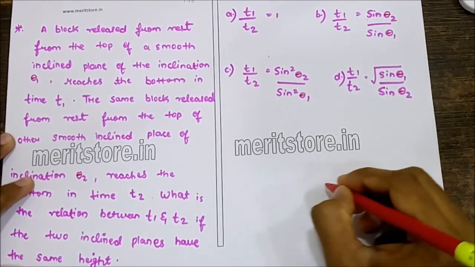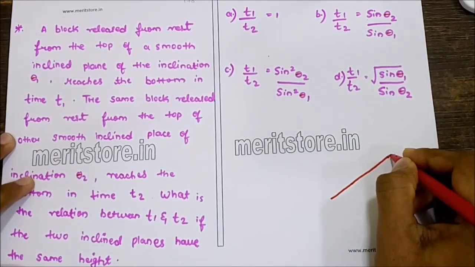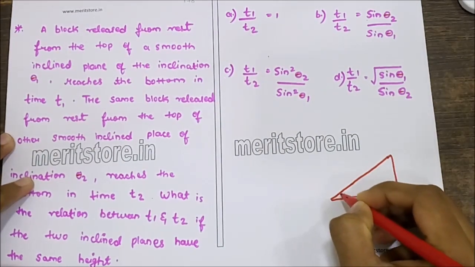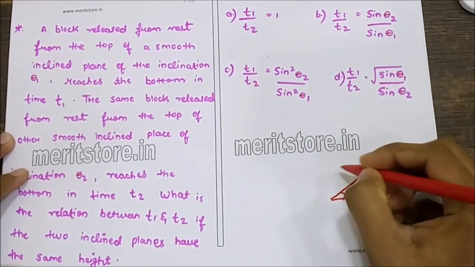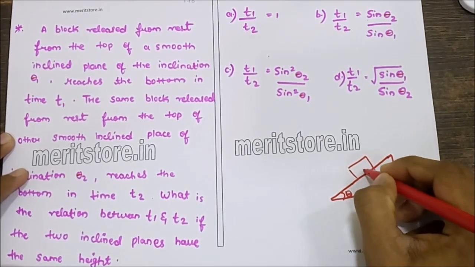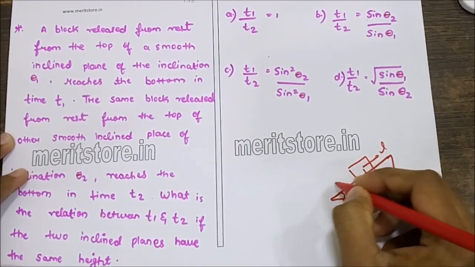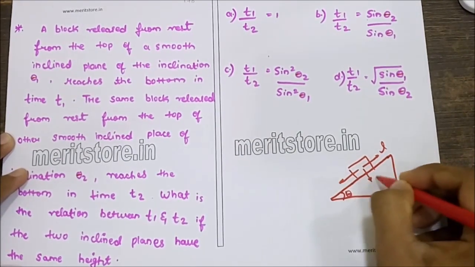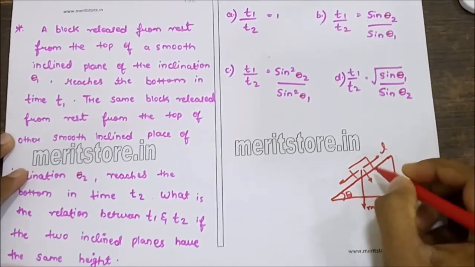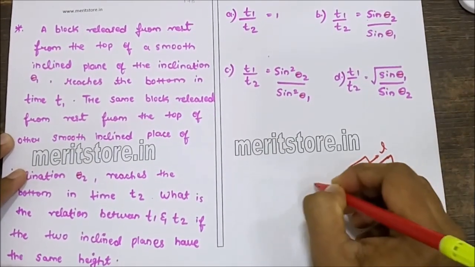Let us draw an inclined plane for understanding. This is theta. The weight mg can be resolved into two components, mg cos theta and mg sin theta.